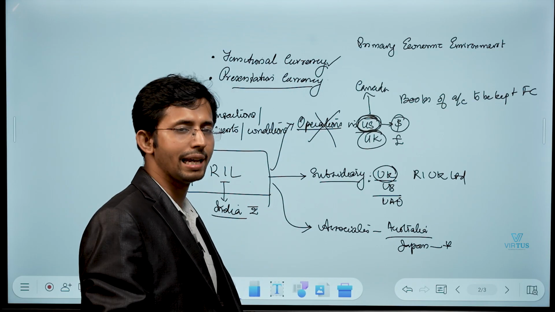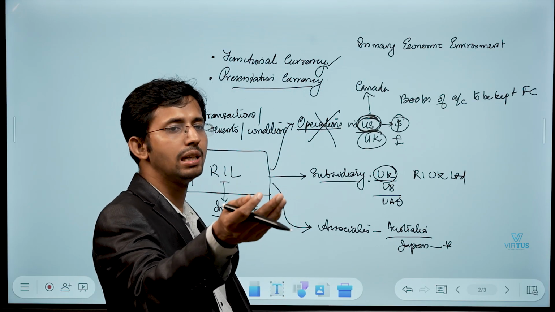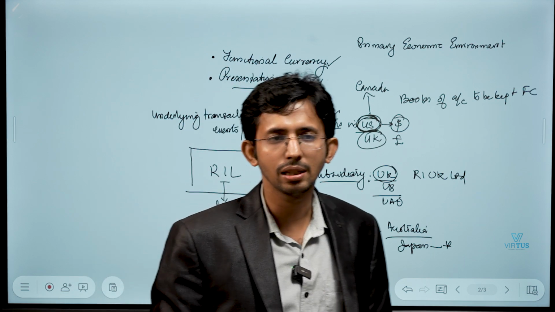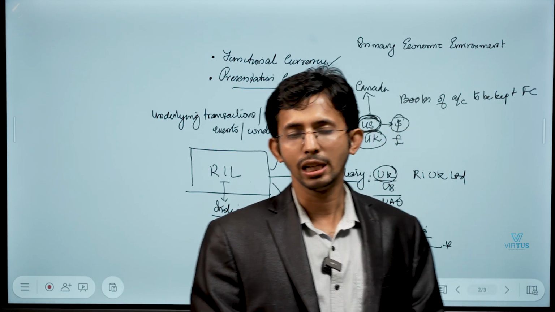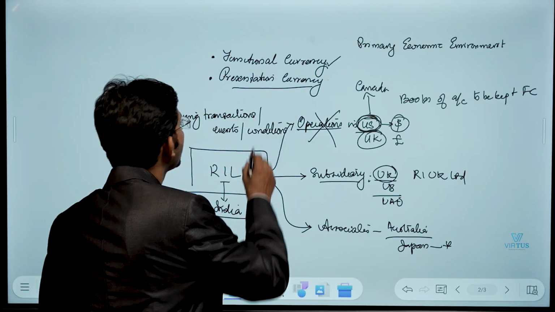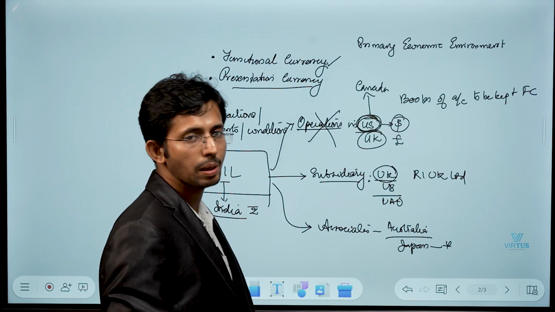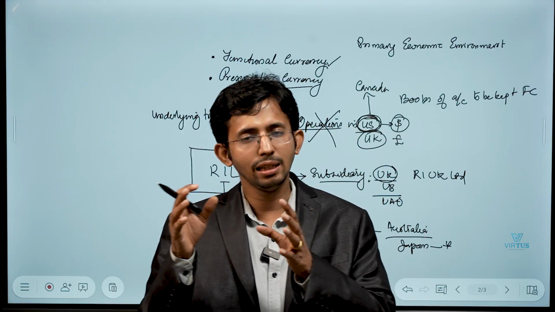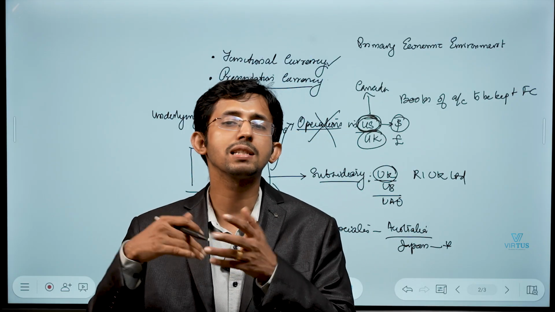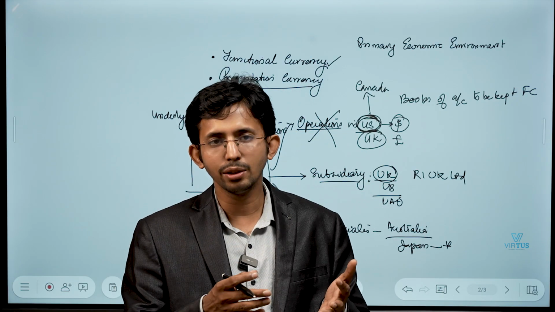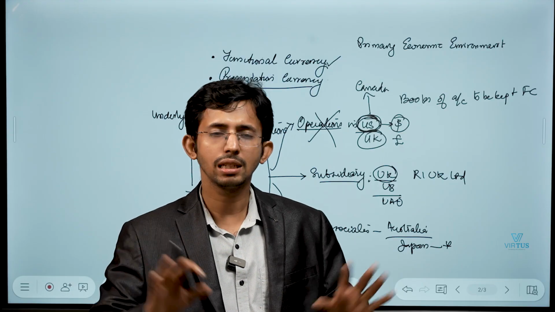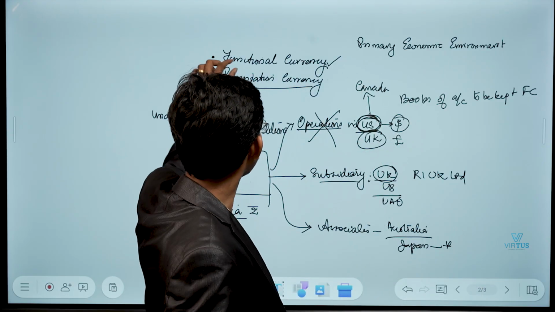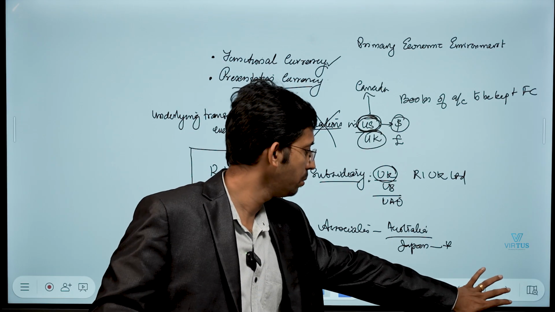But if they say that, okay, agreed, we are keeping our books of accounts in dollar, but for the purpose of preparing the financial statements, let us prepare it in Indian rupee, if that is permitted, that Indian rupee will become what? Presentation currency. So the presentation currency is nothing but the currency in which the reports, financial statements, or any other information is presented. That's all, nothing else. So I hope the difference between functional currency and presentation currency is clear to you.